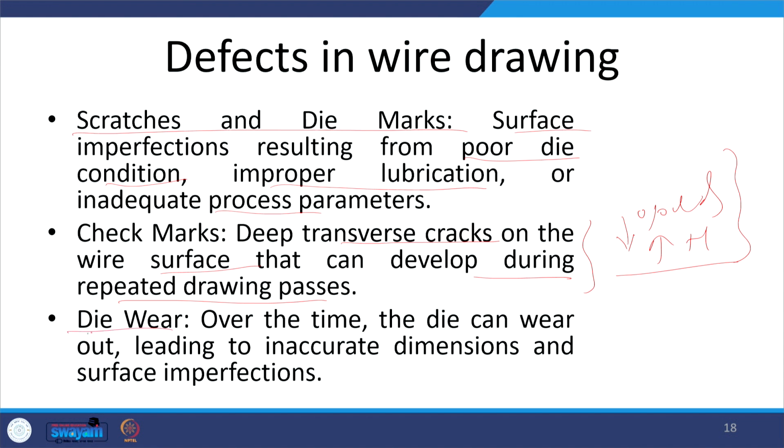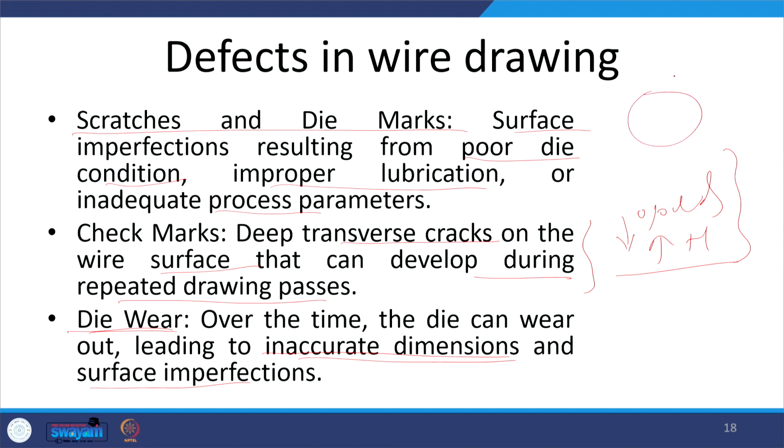Die wear is basically when the die wears out, there will be an increase in diameter of the die opening, especially of the bearing area, and that will lead to inaccurate dimensions of the wire that will be produced, and surface imperfections. Especially this happens when the wear is unequal.